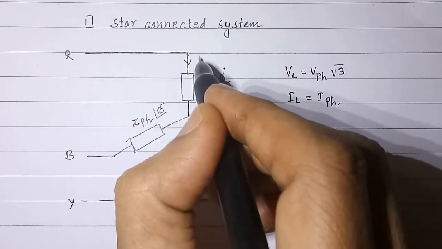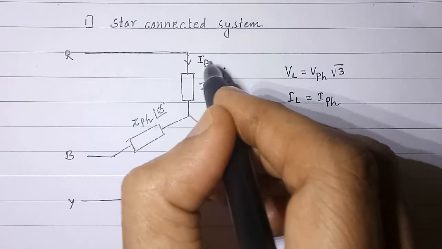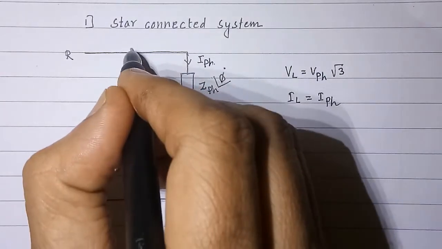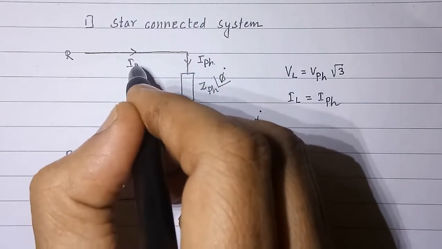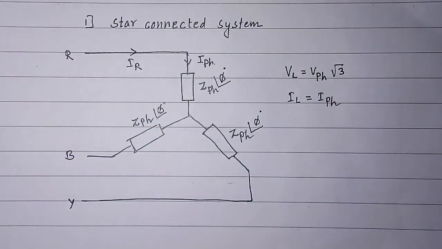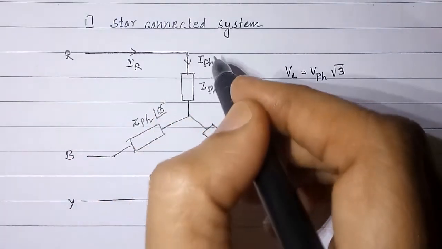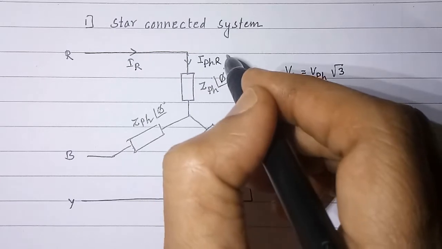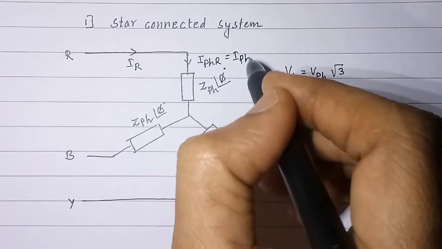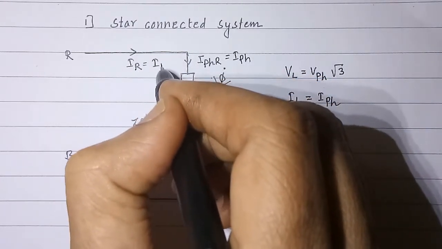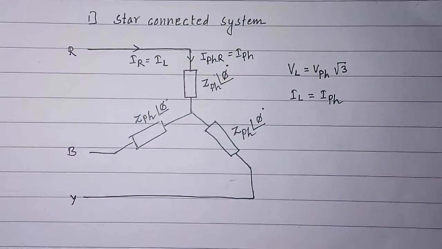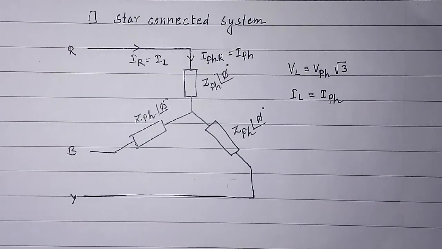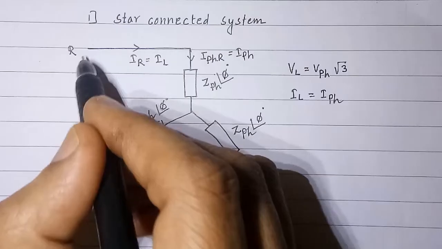Now we have to calculate phase current, knowing phase current equal to line current. We can come to know what is line current.